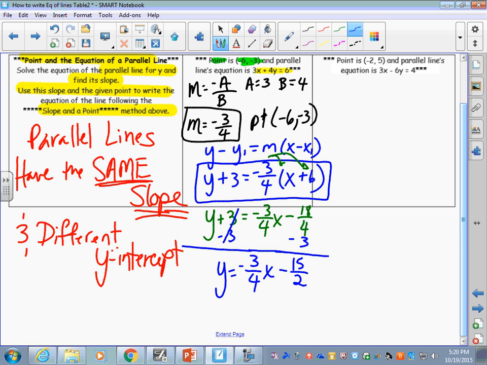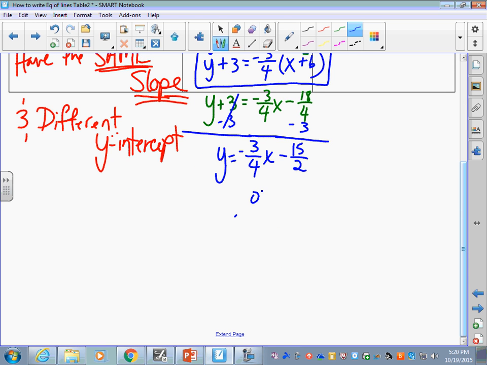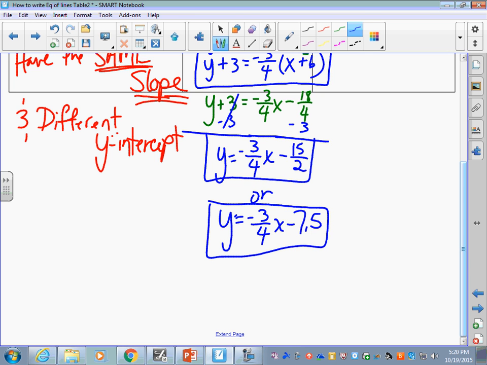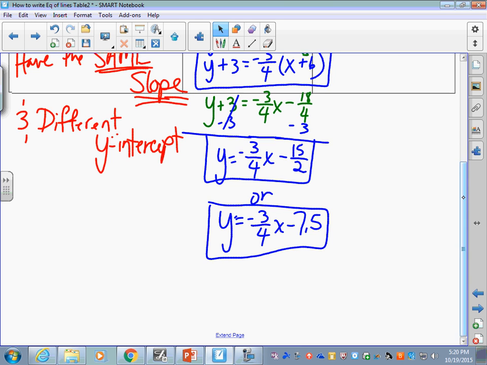Or we could write it as a decimal as such. So both of these are correct. Just want you to be okay with your y-intercept being a fraction. That's acceptable. That will happen. You'll see this on the review as well.